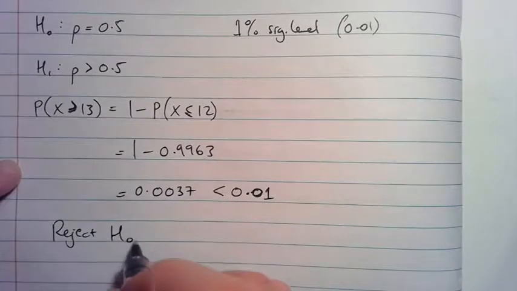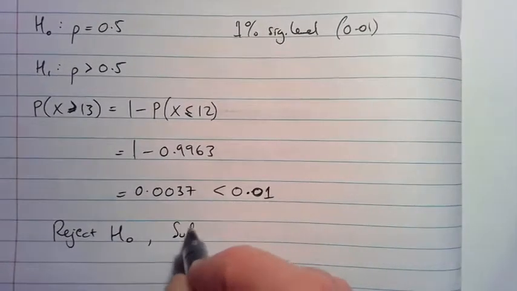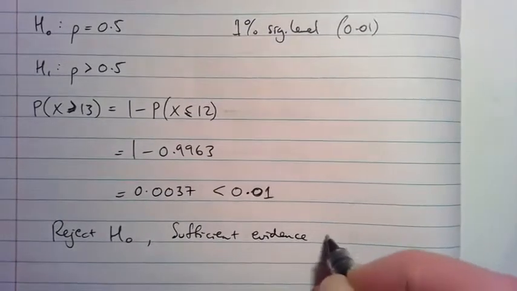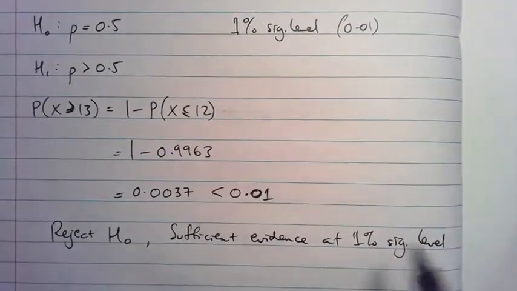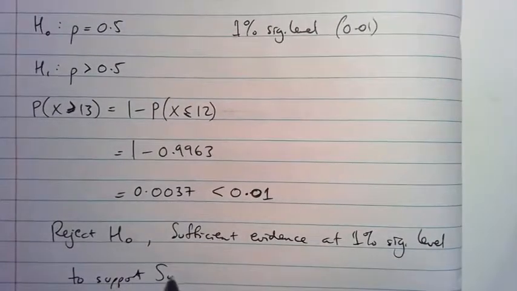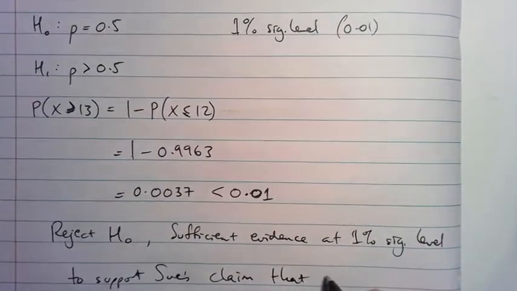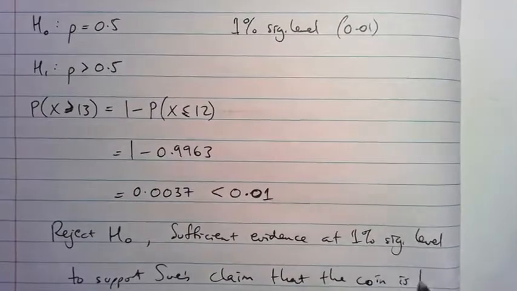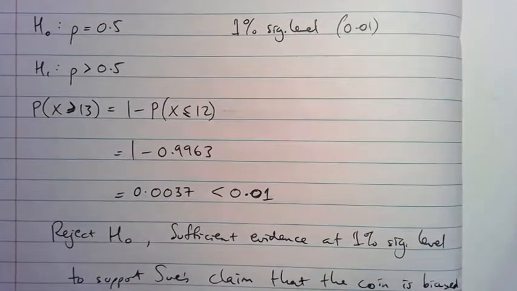Hence, we reject the null hypothesis, and we say that there is sufficient evidence at a 1% significance level to support Sue's claim that the coin is biased in favour of heads.